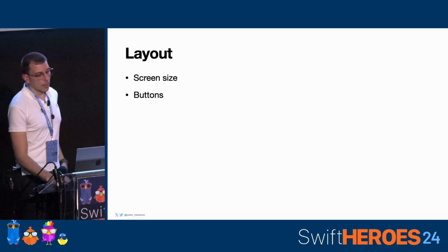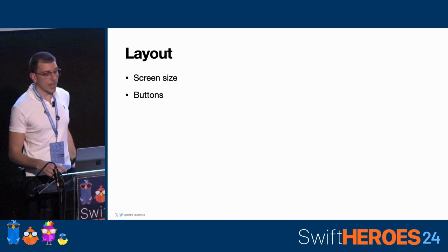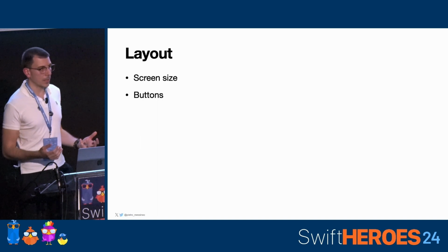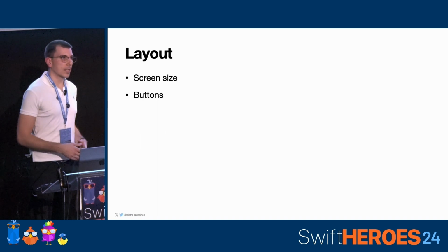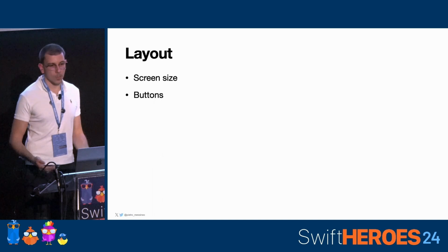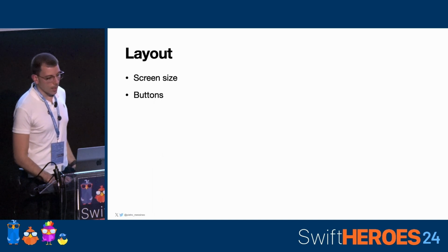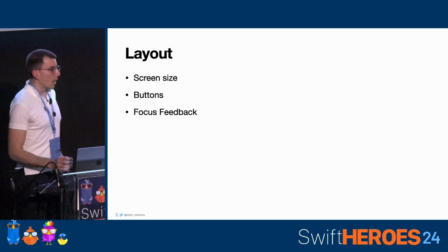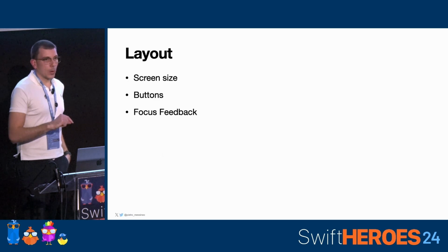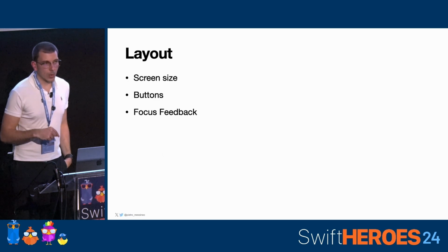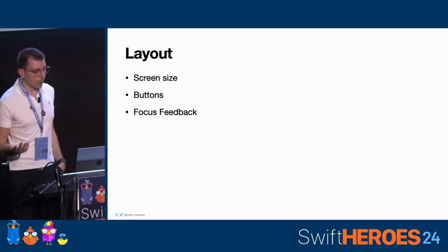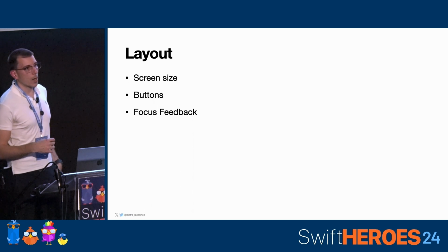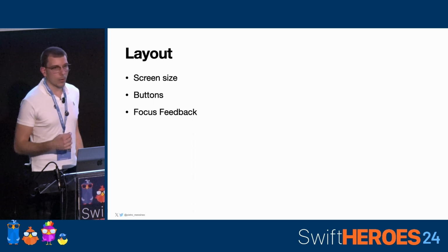Then buttons, so the dimension and the spacing of the buttons play a fundamental role. Very soon we will see what is the recommended or the minimum dimension of buttons, and the spacing, of course, and the focus feedback. Well, as it used to happen on Apple TV, also on visionOS and Vision Pro, the focus is one of the key roles of this device.